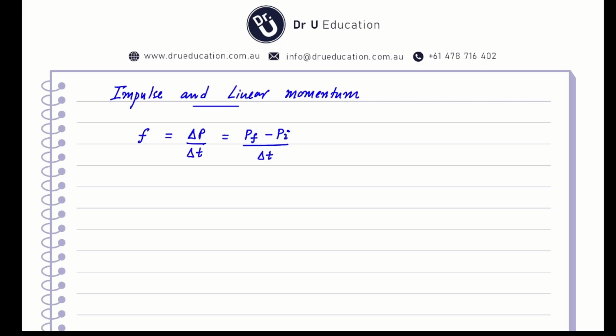Now, what is P final? That is going to be MV final minus MV initial, divided by delta T. Right? Now, you can cross multiply. So when you cross multiply, you get F times delta T equals MV final minus MV initial, final momentum minus initial momentum.